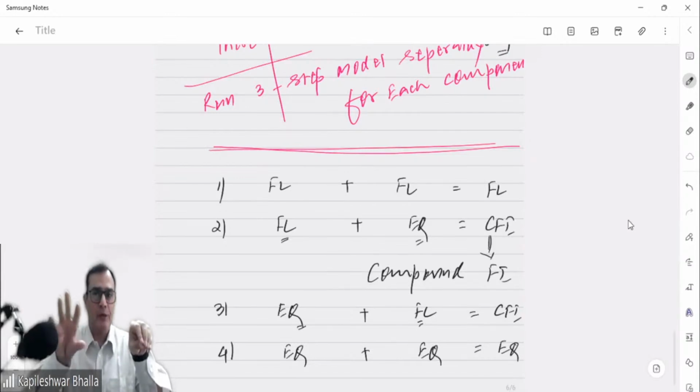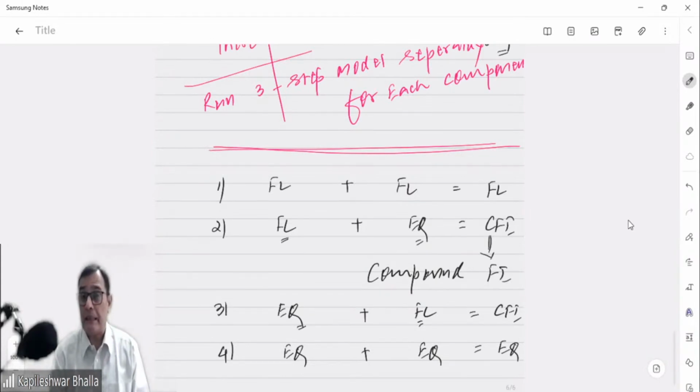And what is the interest or the return component: FL or equity? If both the components are FL, the instrument is a financial liability. If one of the components is equity and another is a financial liability, it is a compound financial instrument. And if both the components are equity, then it becomes equity.